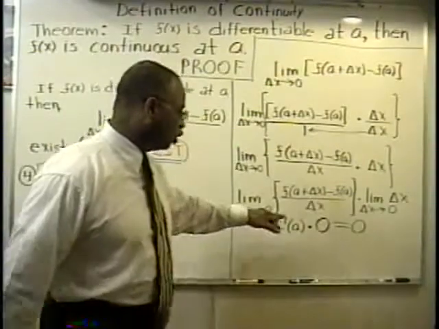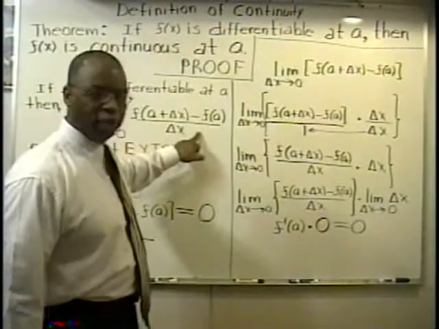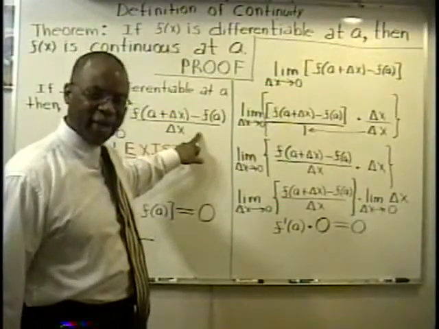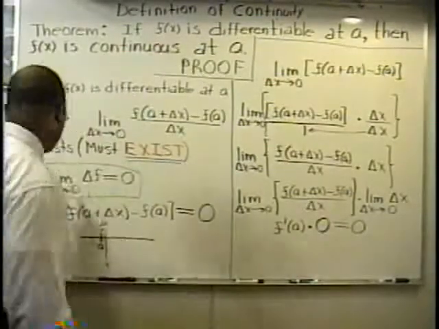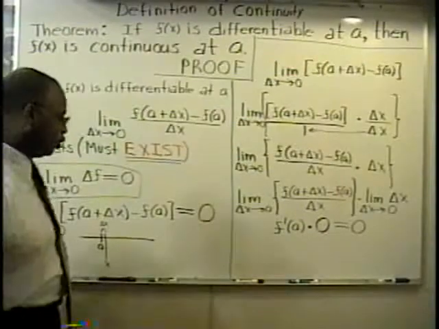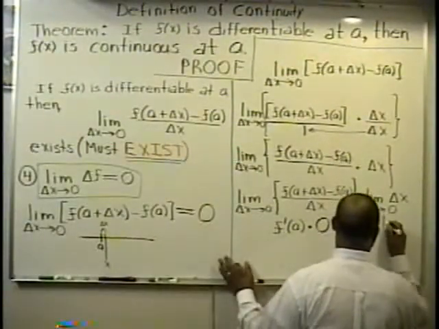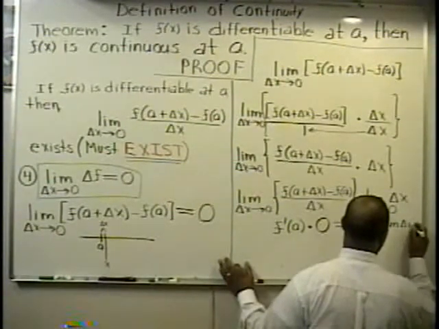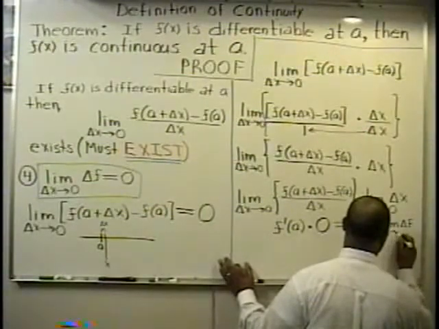We've just shown that if f is differentiable at a, it is continuous at a, because we got 0 here. Why? Remember, we started out with delta f, and we rewrote delta f. So now we've just shown that this is equal to, from the definition of continuity, the limit of delta f as delta x approaches 0.